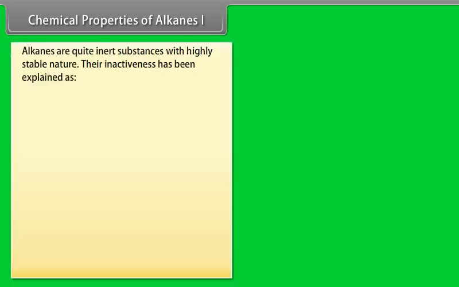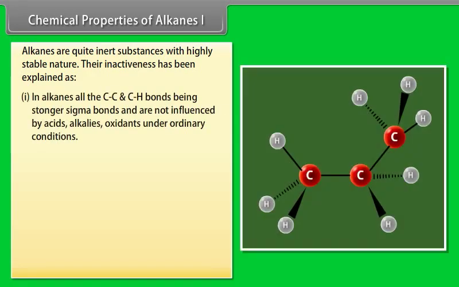Chemical properties of alkanes, Part 1. Alkanes are quite inert substances with a highly stable nature. Their inactiveness has been explained as follows. Number 1: in alkanes, all the carbon-carbon and carbon-hydrogen bonds are strong sigma bonds and are not influenced by acids, alkalis, or oxidants under ordinary conditions.